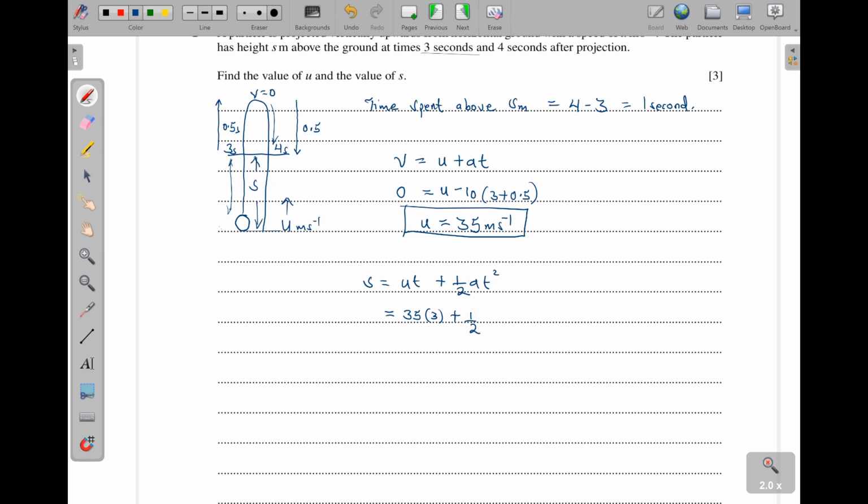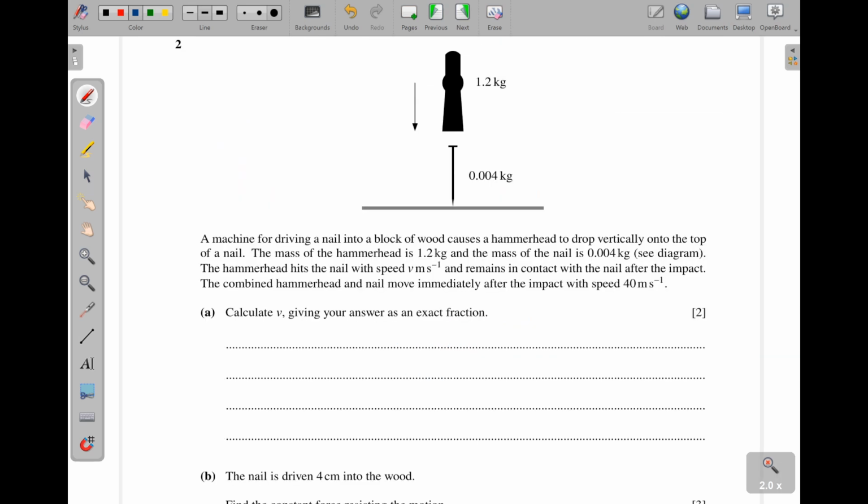Since it is going up, acceleration is negative, so times negative 10, and then the time is 3. So here we shall have 105, and then minus, it should be 5 times 9, 45. And then we get 60 meters. That is that.